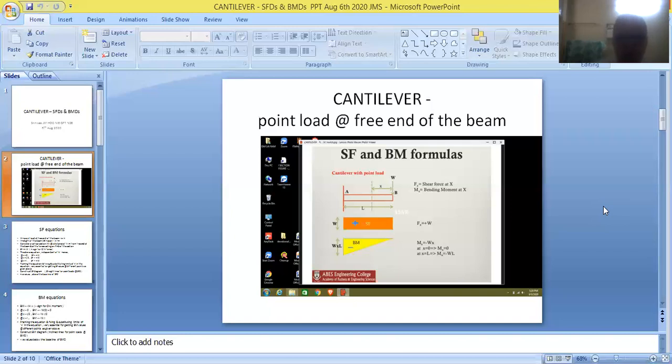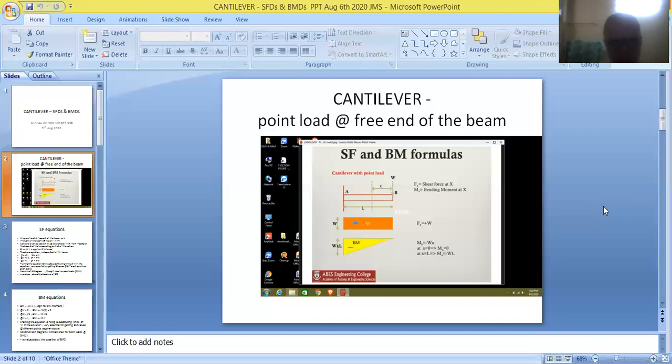For the configuration given in the loading diagram, we have to prepare equations and get the values of shear forces and bending moments, and using these values we have to construct shear force and bending moment diagrams.